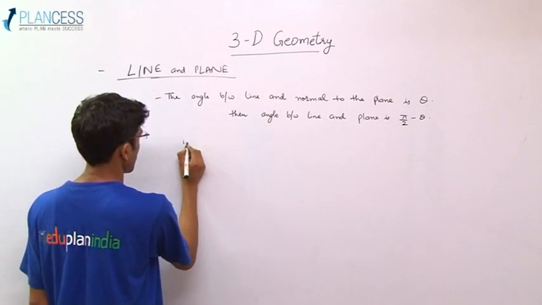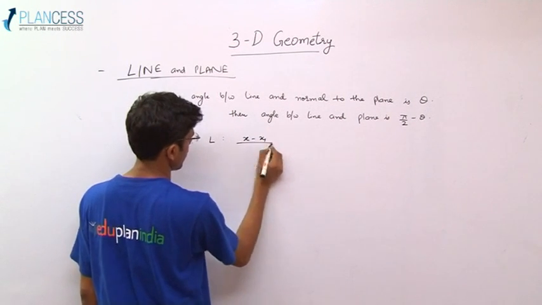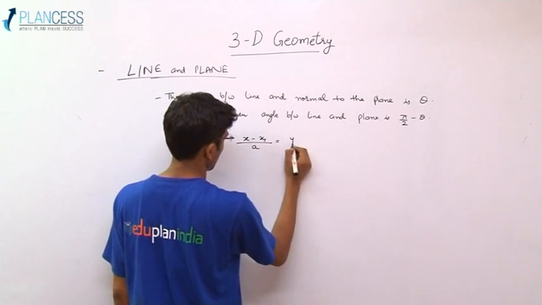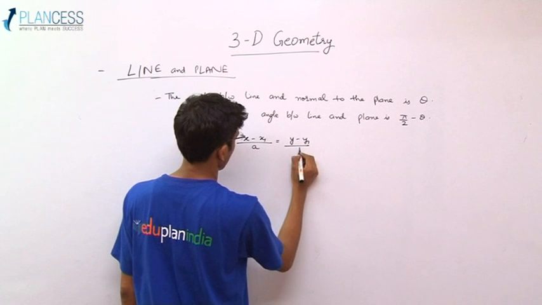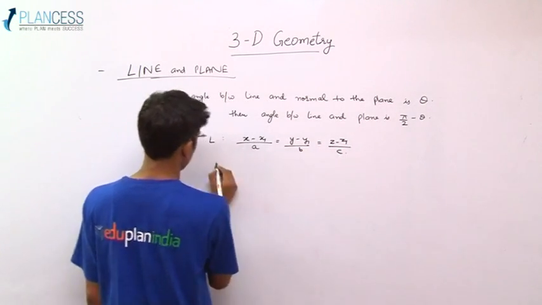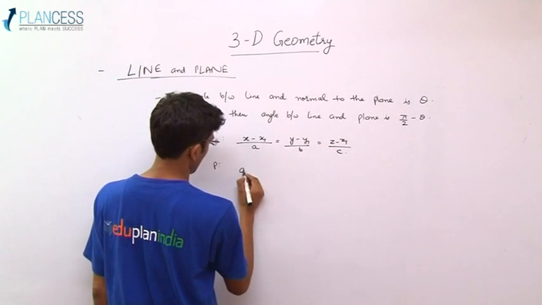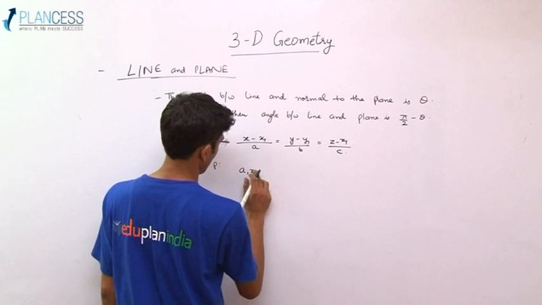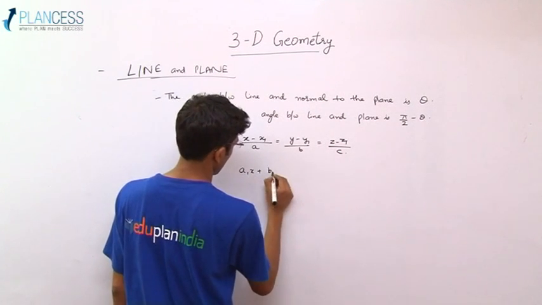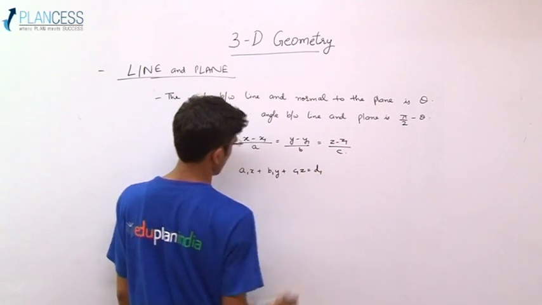Say the line is x minus x1 by a is equal to y minus y1 by b is equal to z minus z1 by c, and the plane is, say, a1x plus b1y plus c1z is d1.